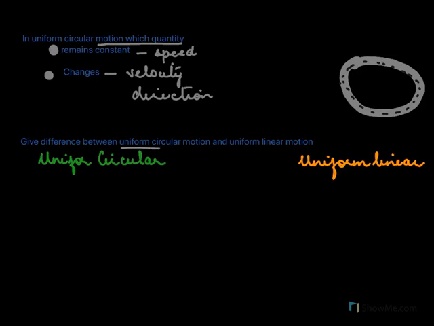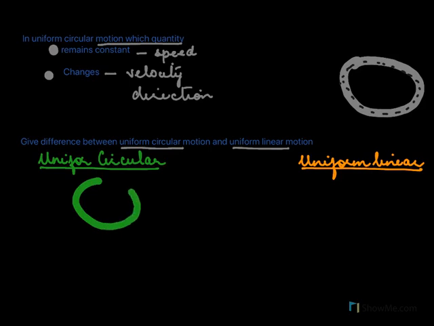Give the difference between uniform circular motion and uniform linear motion. So here I've written uniform circular motion, and this is uniform linear motion. Let me draw uniform circular motion. Uniform circular motion is going in a circle with constant speed, and linear motion is going along a straight line.